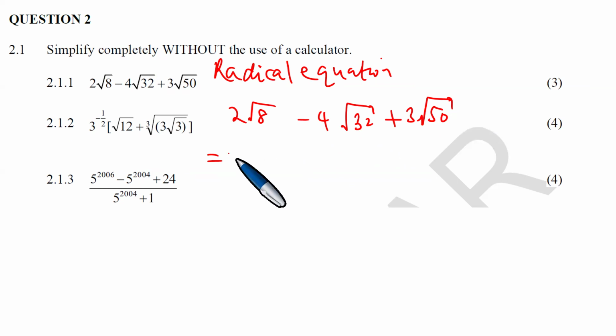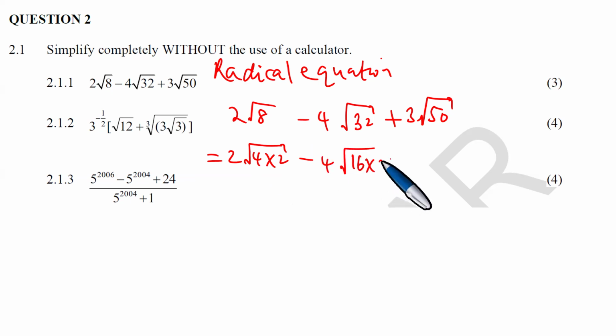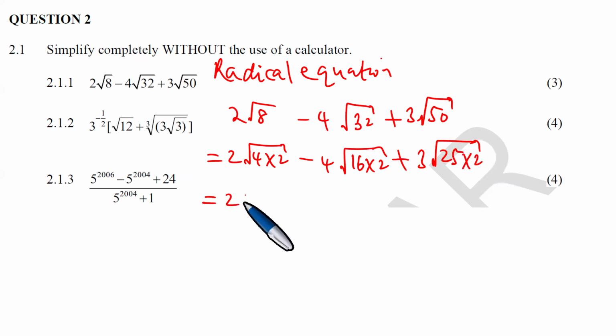Pay attention. What is the square root of 8? It's 4 by 2, because 4 is a perfect square and therefore has a rational square root. 32 is actually 16 by 2, perfect, because we know 16 is a perfect square and therefore has a rational square root. 50 is 25 by 2, because we know the rational square root concept.